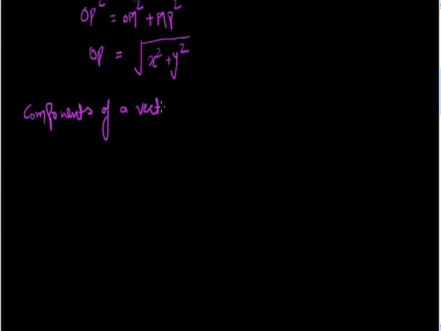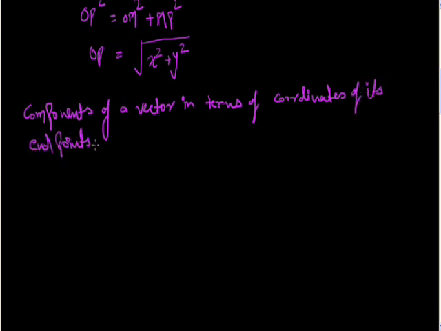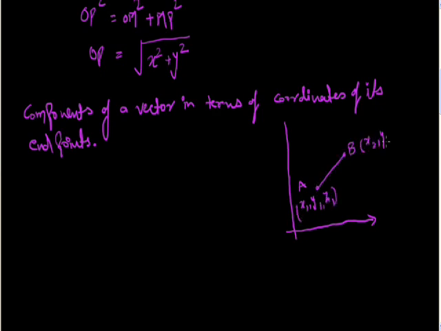Components of a vector in terms of the coordinates of its endpoints. Now draw a plane. Now it's a point A with coordinates x1, y1, z1. Now it's a point B, x2, y2, z2.